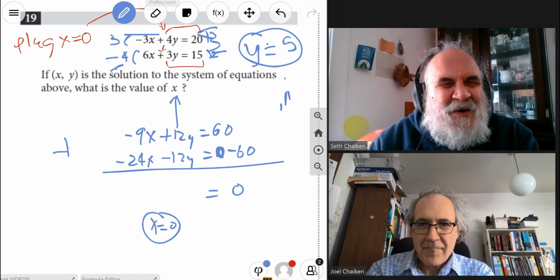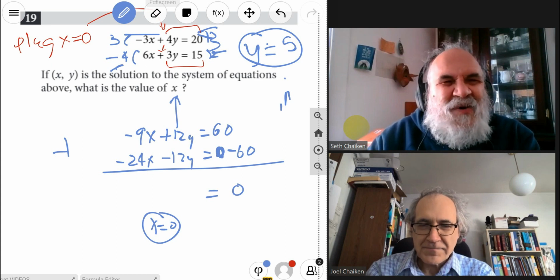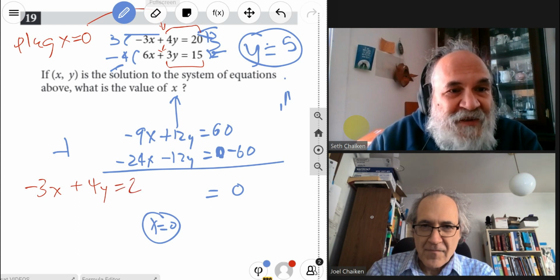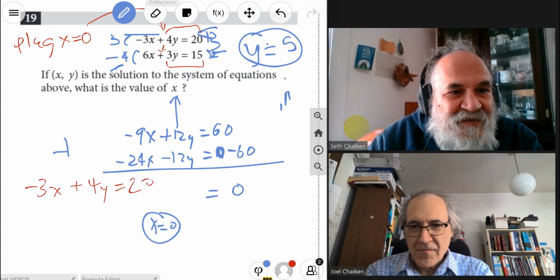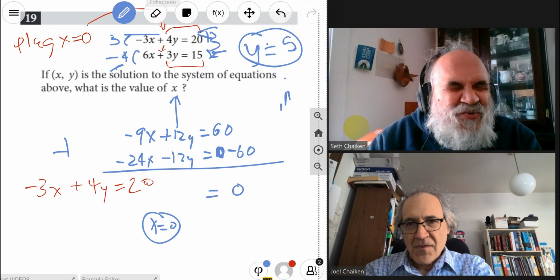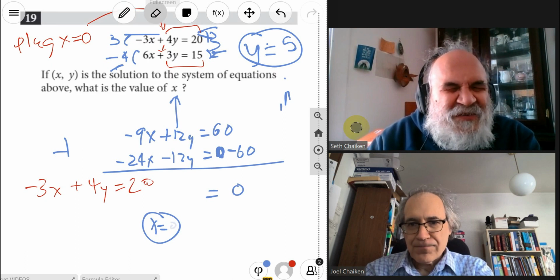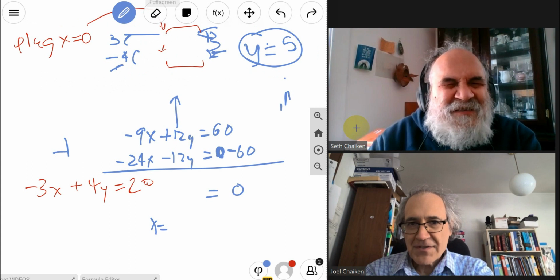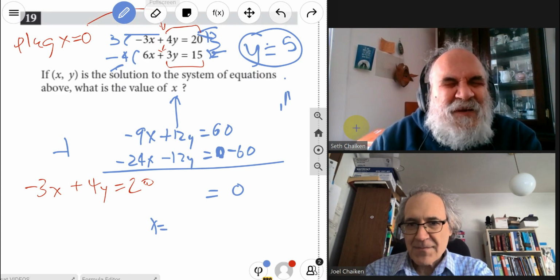Okay, here's the other approach. Let me rewrite the equations. Minus 3x plus 4y equals 20. And see, I'm just rewriting it. If you're doing this on the test, I'm trying to erase my little scribbles.